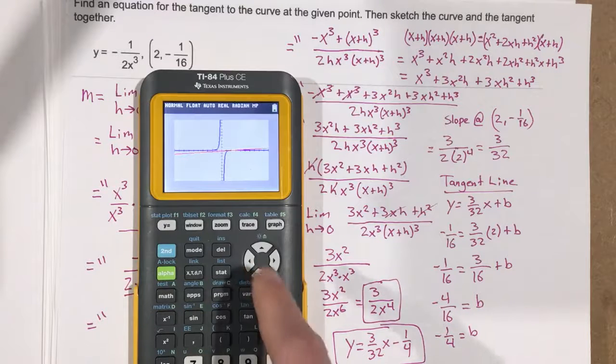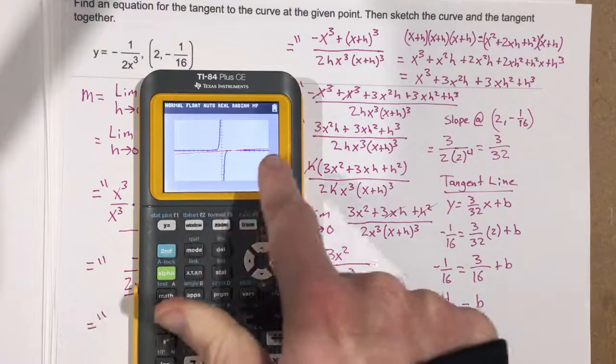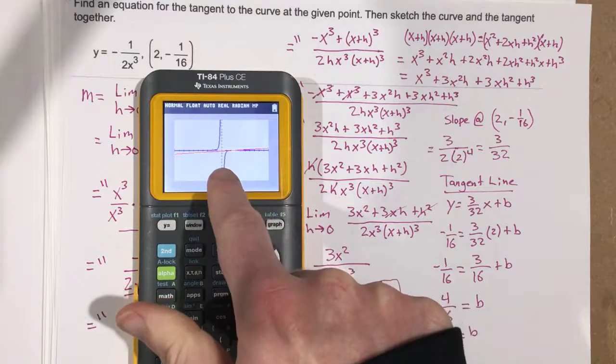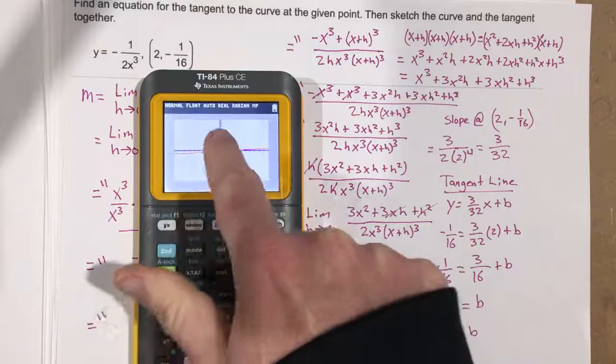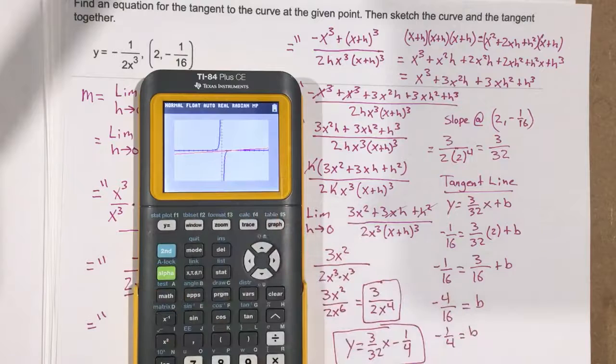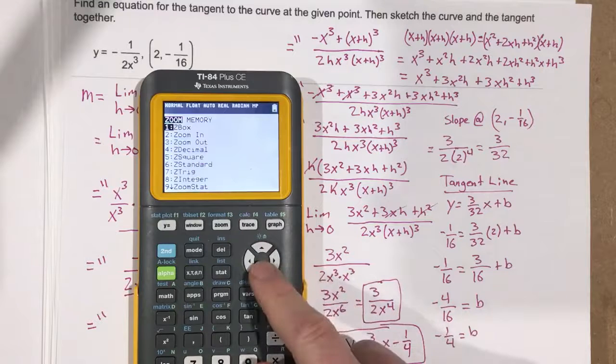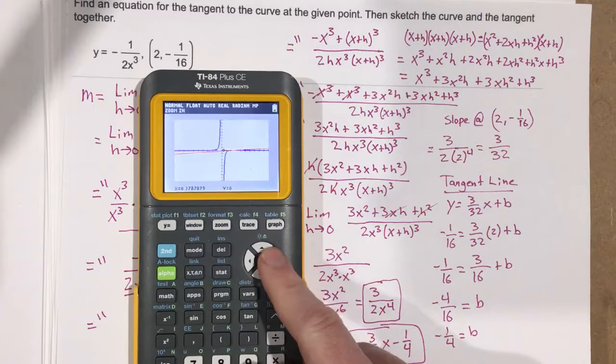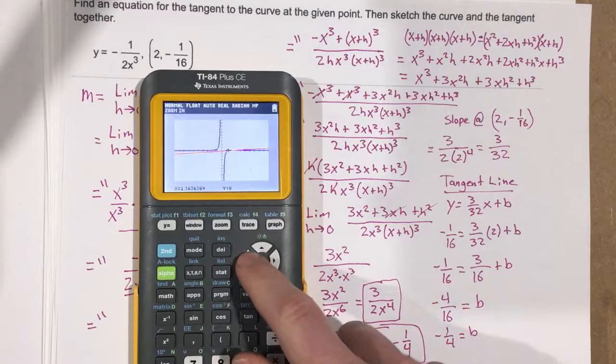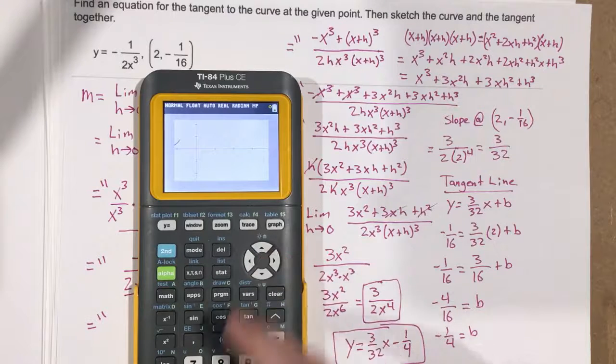And you can see, look at how this tangent line, the red is the tangent line, look how it touches the blue function at the point (2, negative 1/16). If we zoom in a little bit, let's zoom in right here.